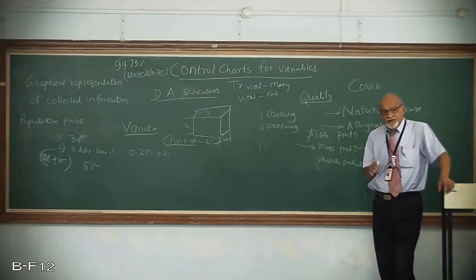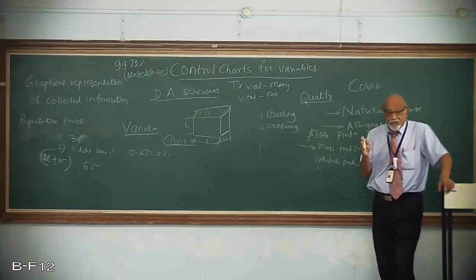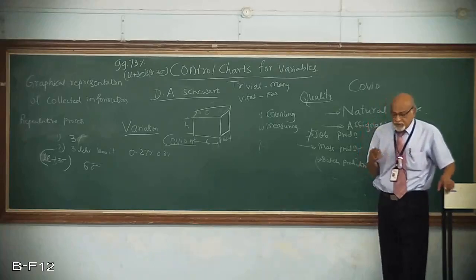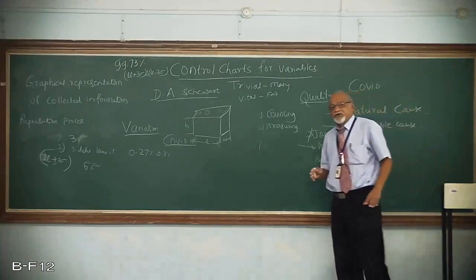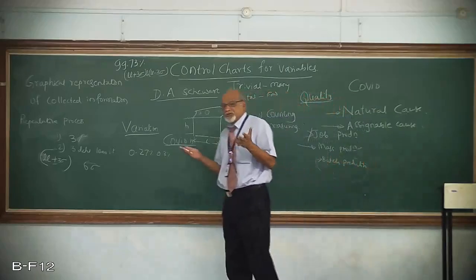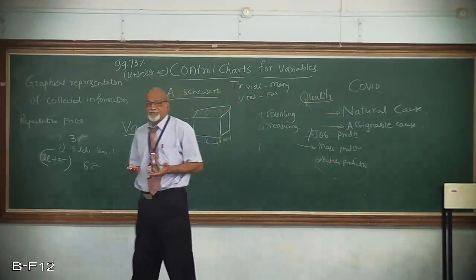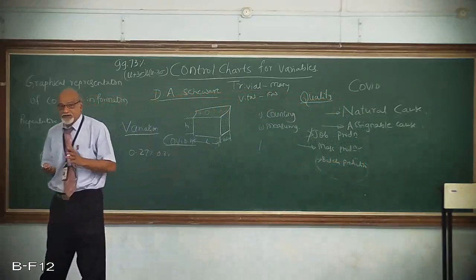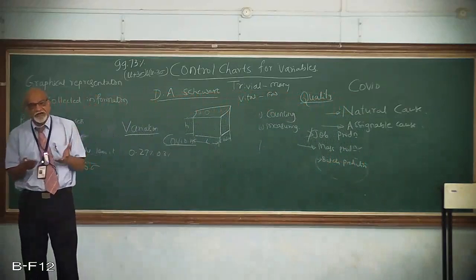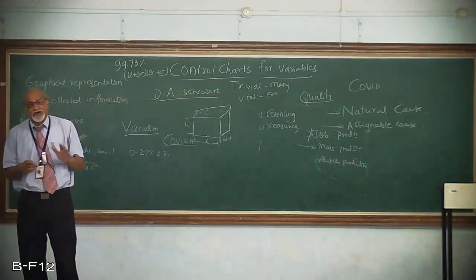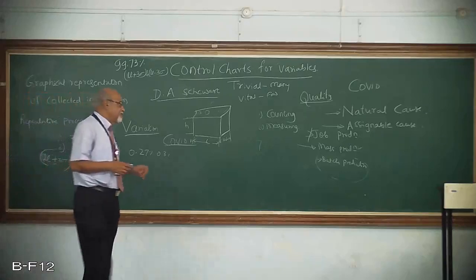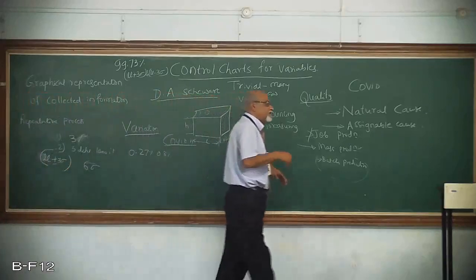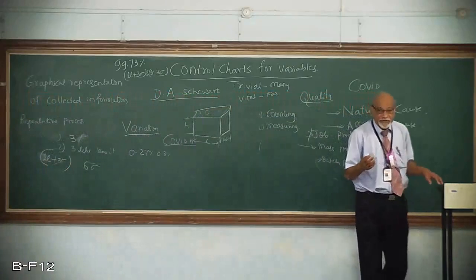There is another thing, small variation, which will be caused by several reasons. There is no point in tackling those things because maybe 100 reasons will be there, so I cannot say it is an assignable cause. There are 100 trivial ones. So first we will try to find out which is significant and then identify which is not significant.